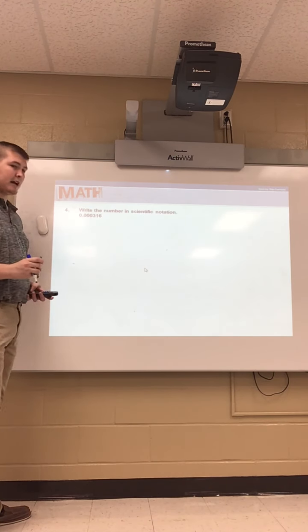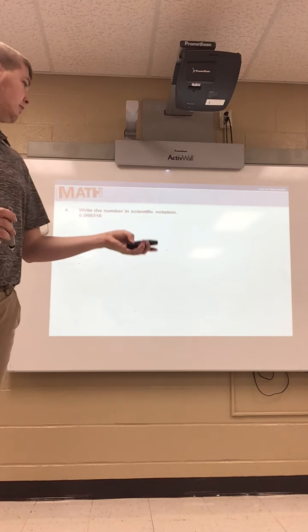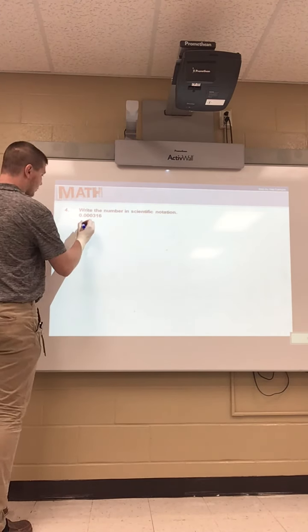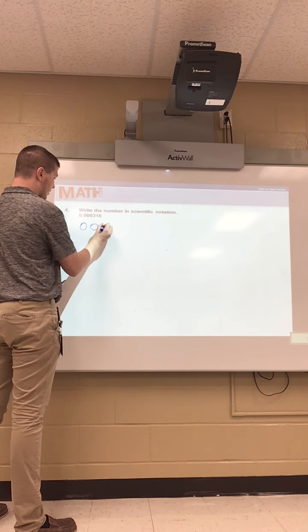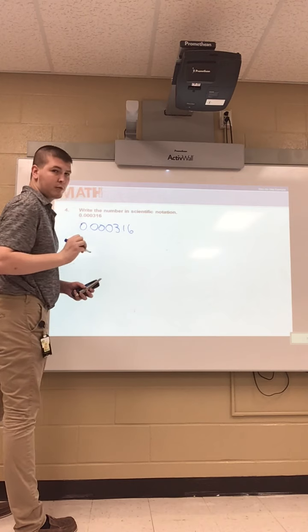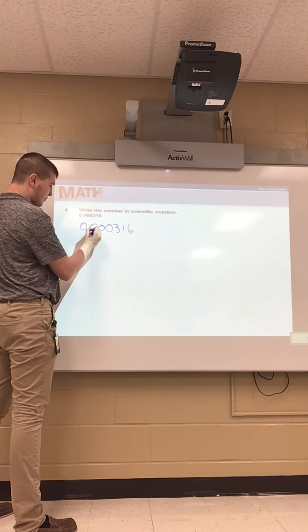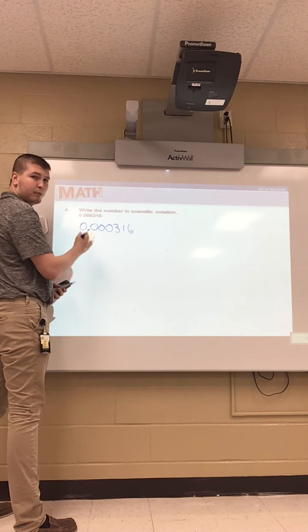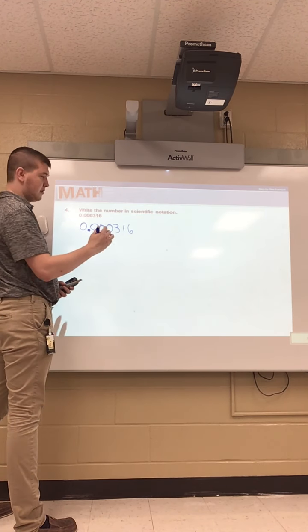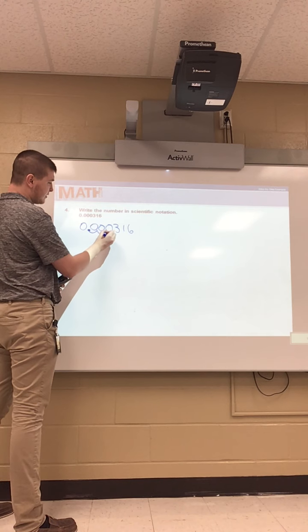Well, what happens when we have a decimal? It's the same way. We have 0.000316. Same thing. Find that decimal and start moving it till we make a number that is between 1 and 10. So 1, 2.